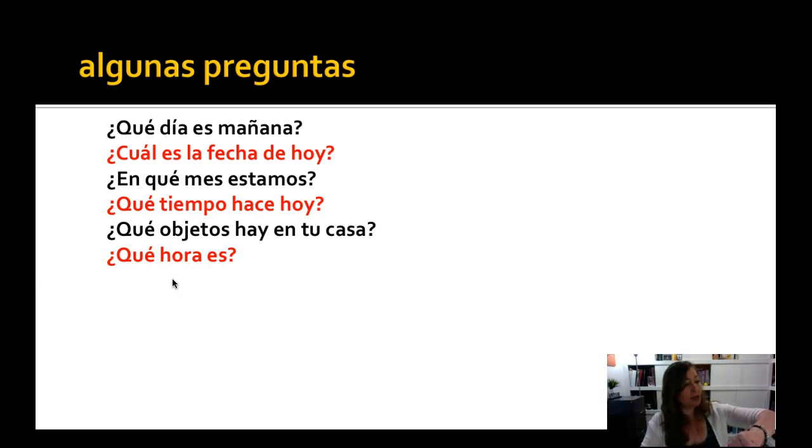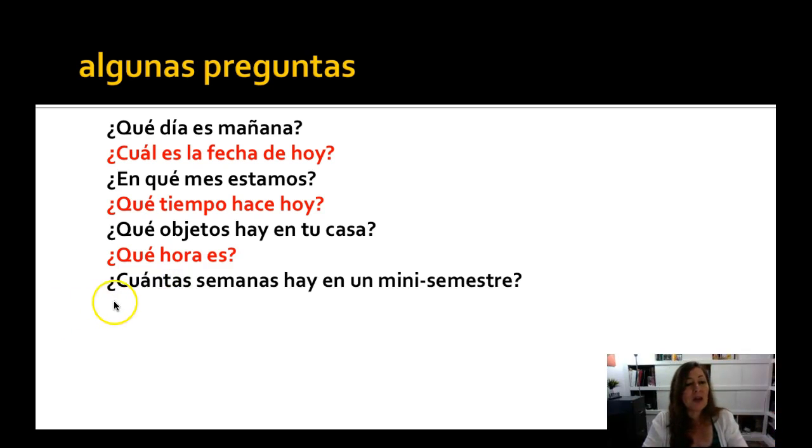No sé. Son las and then whatever time it happens to be for you. ¿Cuántas semanas hay en un mini semestre? Hay 8 semanas en un mini semestre.